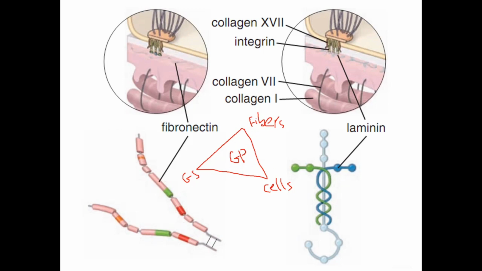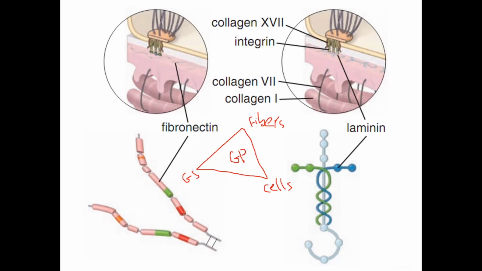For showing this attachment site, usually they show the glycoprotein with different colors. You can see blue, dark blue, light blue, and also green. For example, this part for cell attachment, this part for ground substance attachment, and this part for fiber attachment.